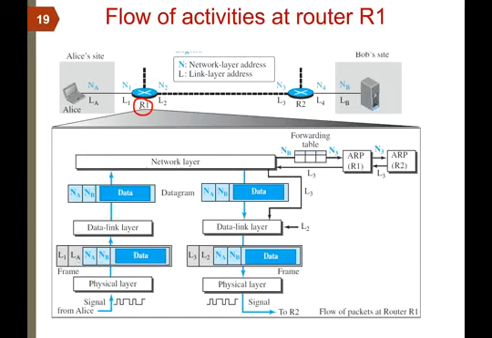The router received the data from this port, and from the physical layer it processes the link layer headers, then the network layer headers.